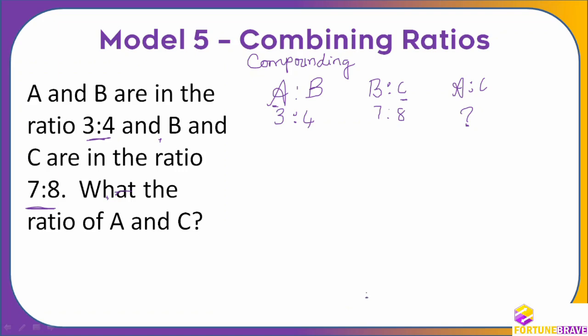Now if I have this kind of comparison where once B is 4 and once B is 7, in one ratio it is 4 and in one ratio 7. How is it possible? Because the ratio value is different for this. The original number has been divided with a different HCF for both ratios.